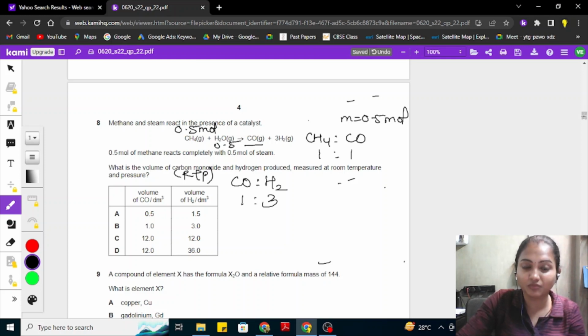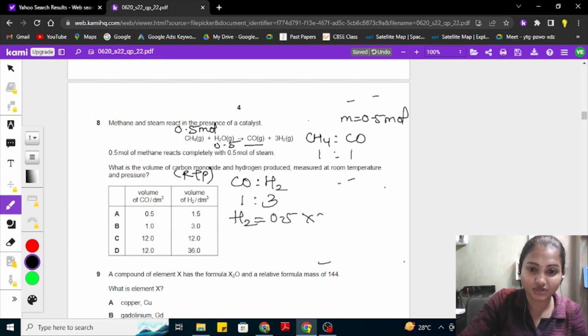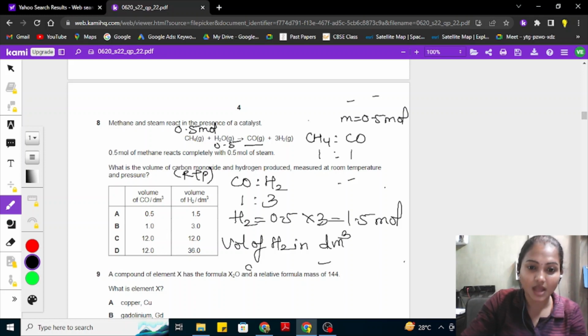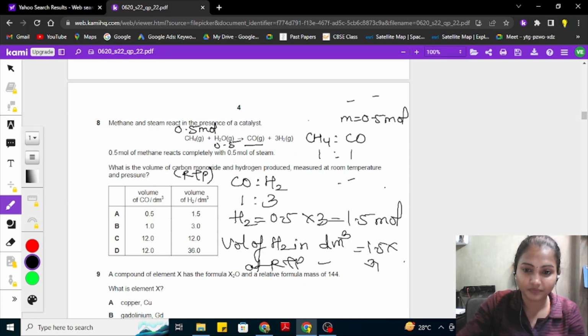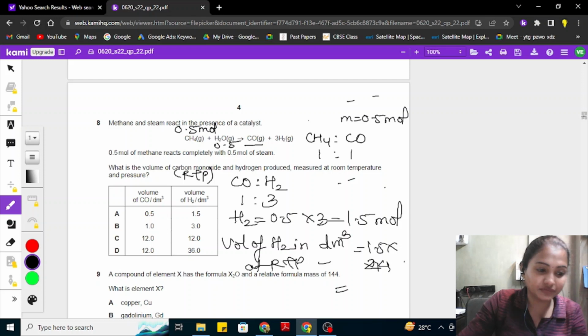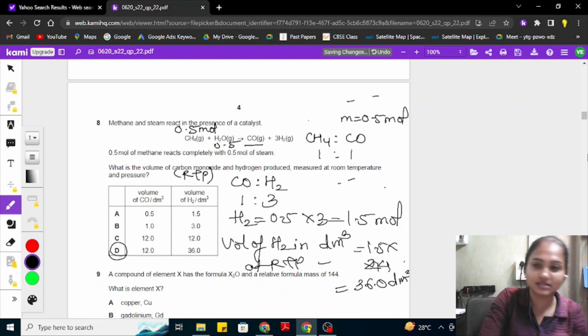Carbon monoxide is 1 mole, hydrogen produced in a form of gas is 3 mole. So hydrogen 0.5 into 3, which we get 1.5 mole. Again the same formula. Volume of hydrogen gas produced in dm³ at RTP is 1.5, that is mole, into 24, and here we will be getting 36 dm³. So 12 and 36 are option number D is correct for us.